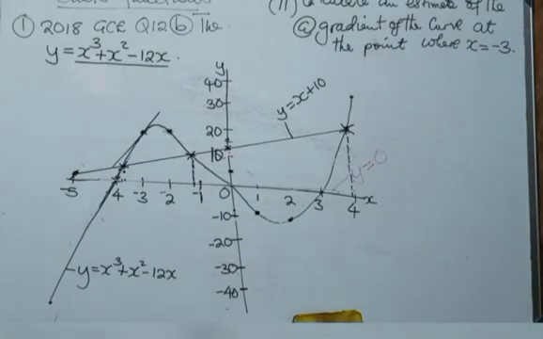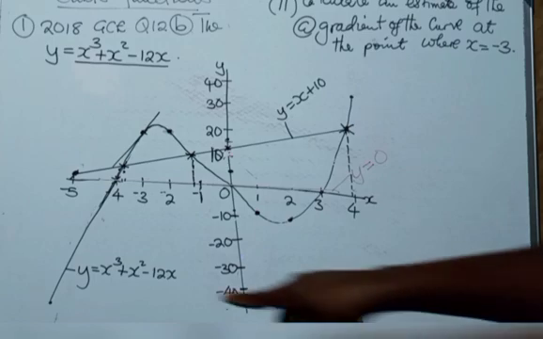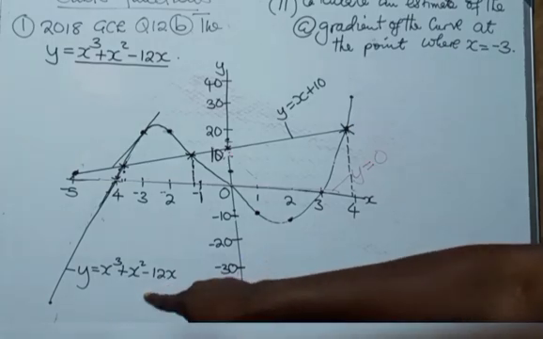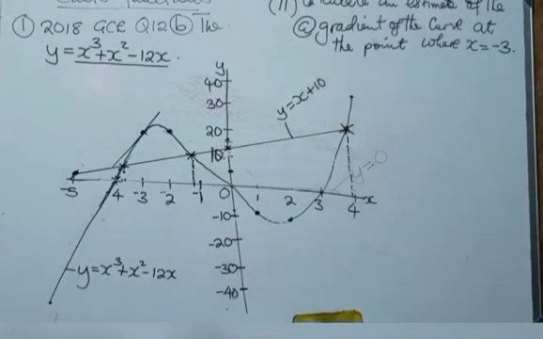Now, how do we find the gradient? There are two ways of finding the gradient. Either you pick 2 points, and after picking those 2 points, you find the gradient, or you differentiate this equation. Then after differentiating it, you replace the value of x with negative 3.